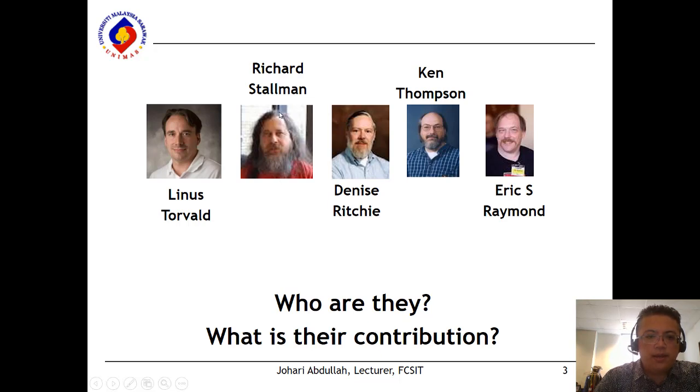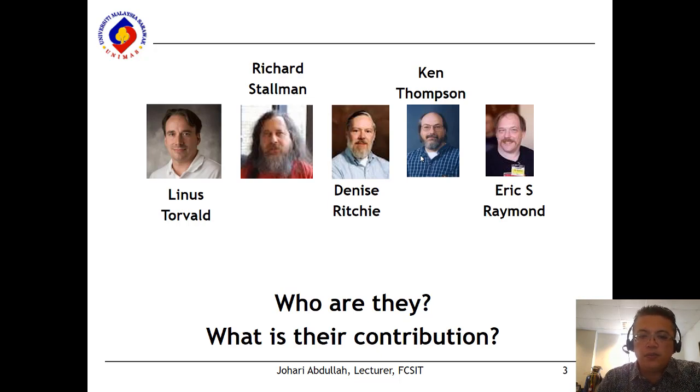Now, the second guy, he is Richard Stallman. He is the one that promotes the idea of free software, which is related to open source. The third and the fourth, this is related to C programming. So these two key people are the one that created the C programming language back in 1970s, Dennis Ritchie and Ken Thompson.